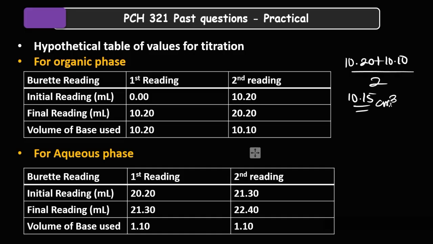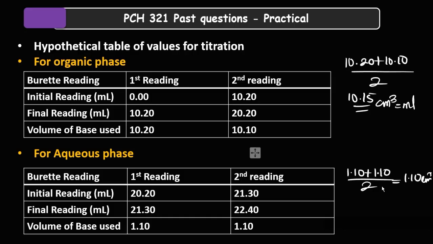Centimeter cube is still the same thing as milliliter. So our average volume used here will be 1.10 divided by 2, which is the same thing as 1.10 centimeter cube, which also approximates to 1.10 milliliter.